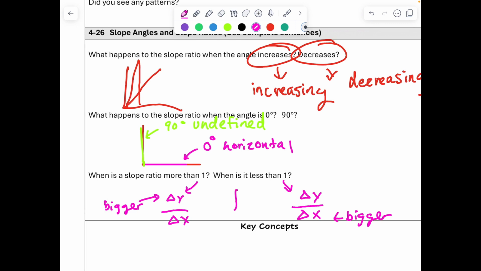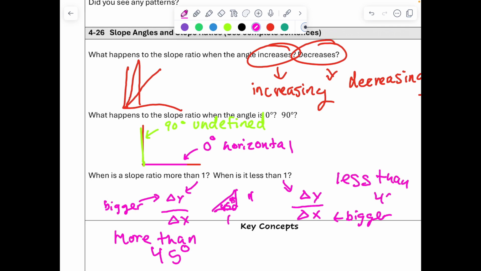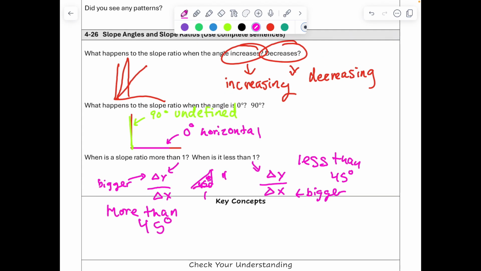And we learned that even is a 45-degree angle, right? When they're both the same, they're both 1. So we could say when the angle is more than 45 degrees, and then when it's less than 1, that's when the angle is less than 45 degrees. All right, that is all.